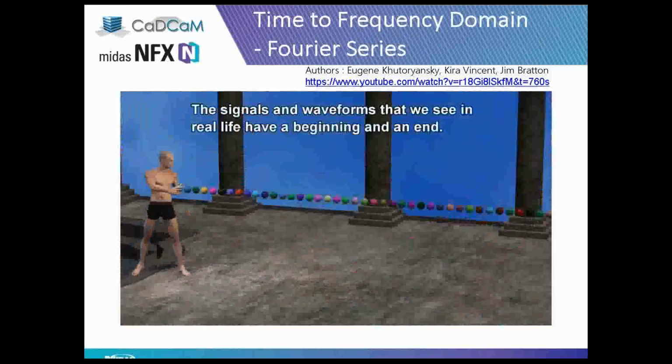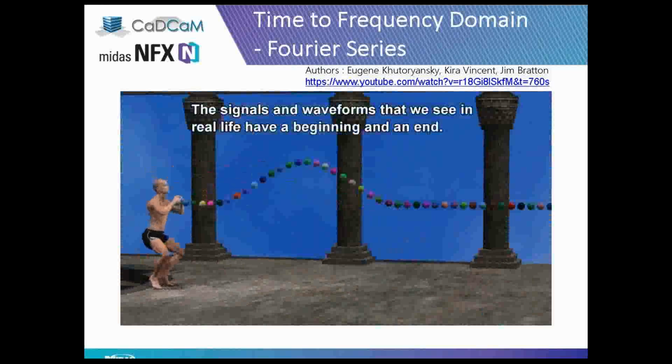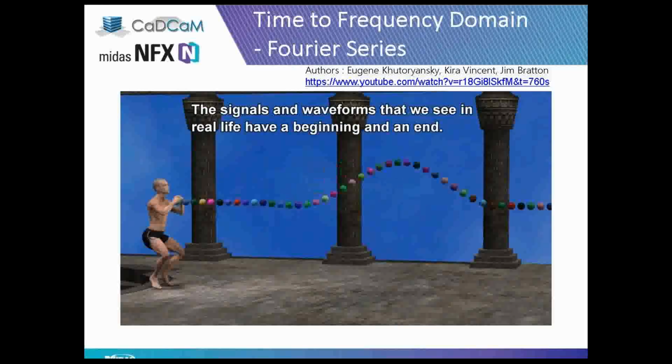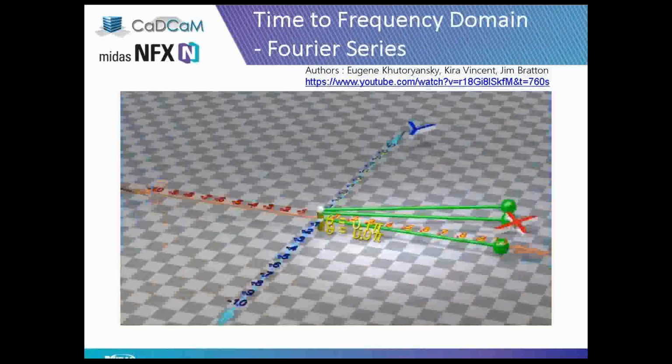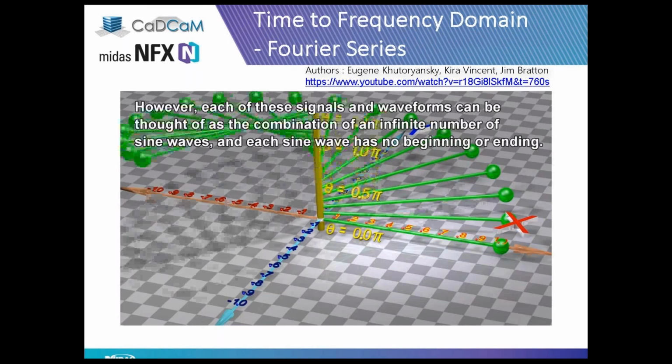The signals and waveforms that we see in real life have a beginning and an end. However, each of these signals and waveforms can be thought of as the combination of an infinite number of sine waves, and each sine wave has no beginning or ending.